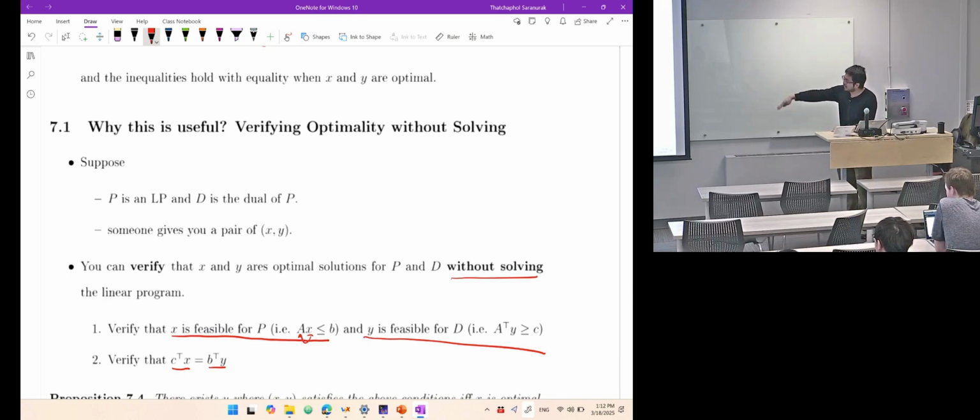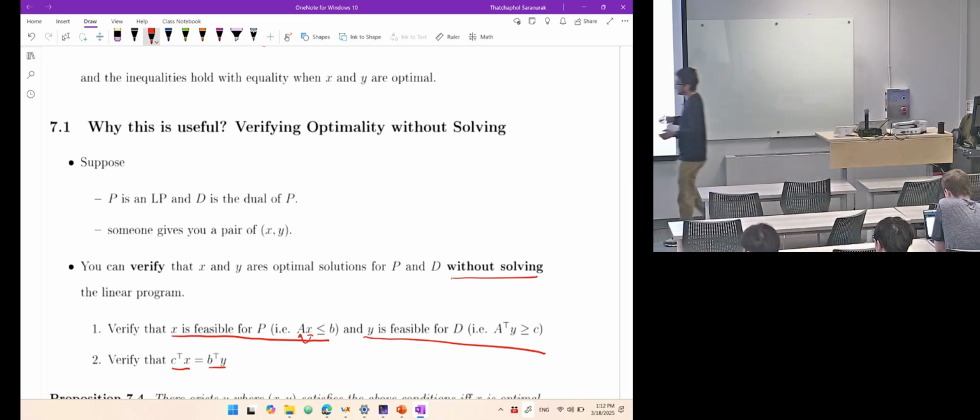This is all super easy computation. But if this is true, then you know for sure that X and Y are both optimal solutions. You agree, right? Because if they are not optimal, there is no way that these two meet.